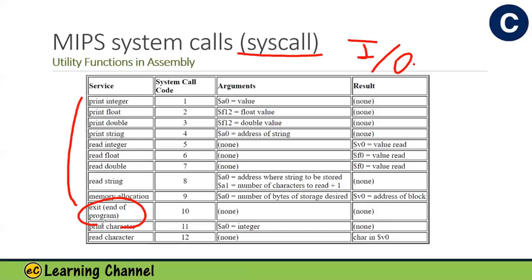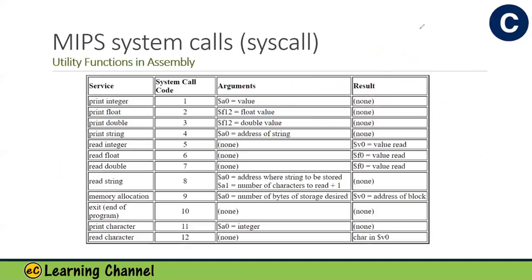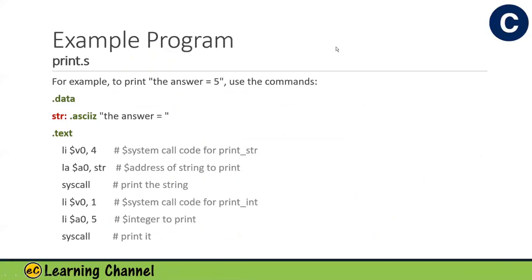And 10 is for exit of the program. Okay, so for your C language, you have printf, those kinds of functions. Now you need to use a system call. And you need to prepare your data and prepare the number of the function call, like the number 10 for exit, before you actually call a system call.